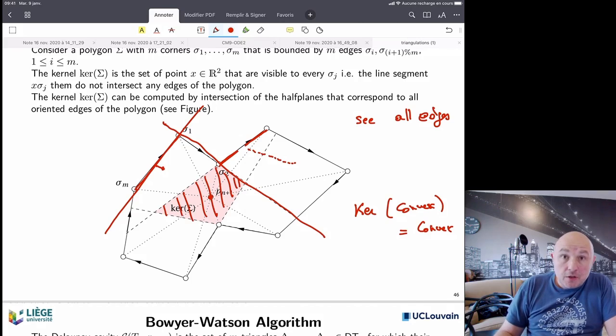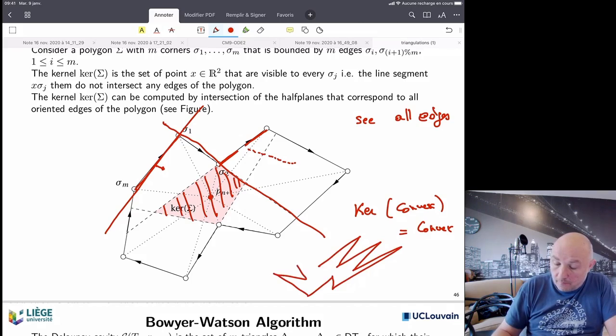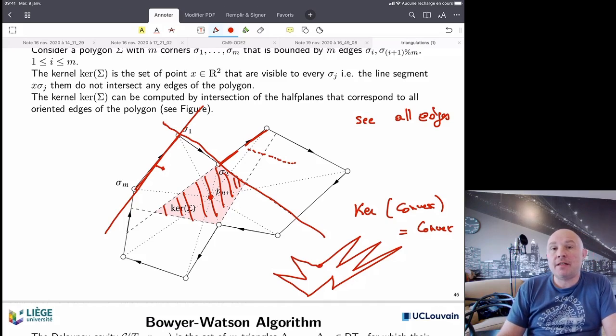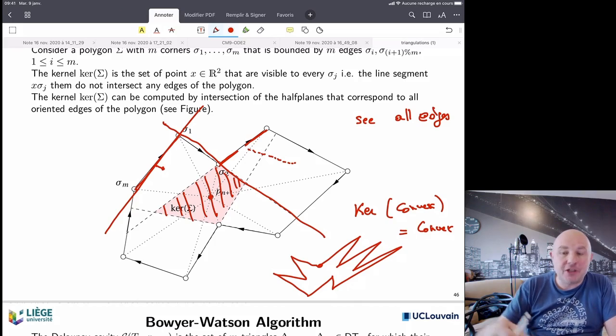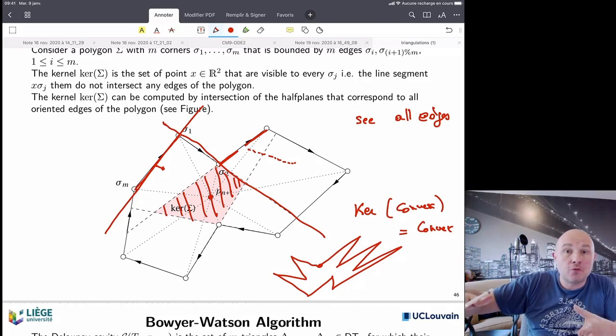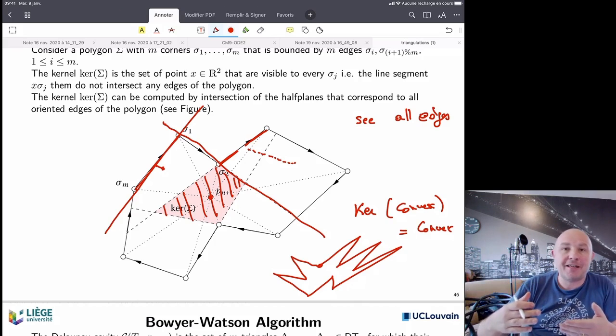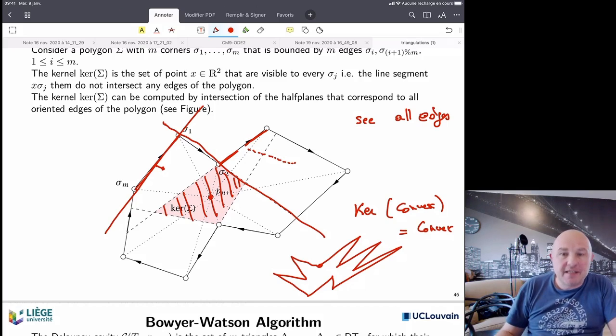There are polygons that don't have a kernel. If I draw you that, this one doesn't have a kernel. If you take an intersection of all half planes, then you're done. Remember, the first algorithm that I presented you is to find a triangulation of a polygon. The first thing to do is make it star-shaped, because when it's star-shaped, it's easy to triangulate.